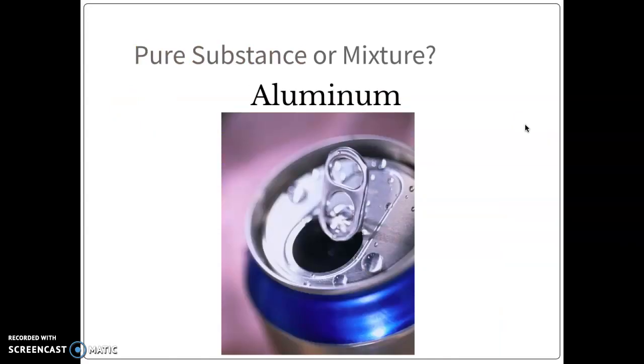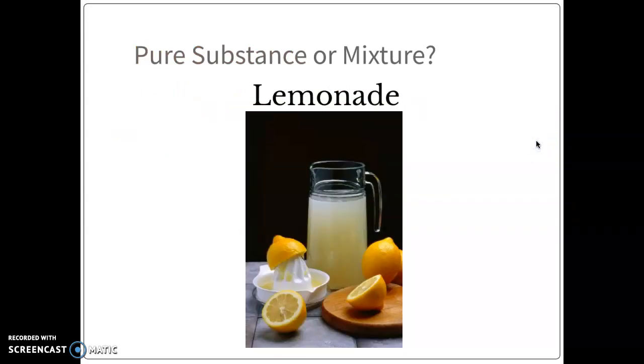Aluminum. If you thought it was a pure substance, you were correct. The abbreviation for this on the periodic table is Al. It is an element. Lemonade. Lemonade is a mixture.